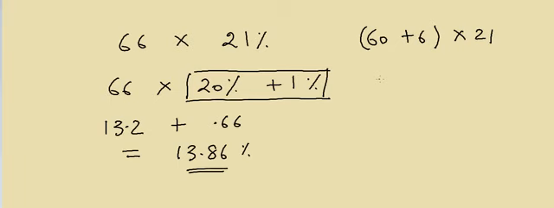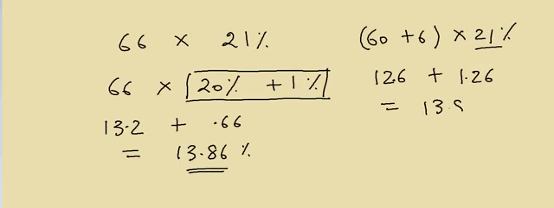In that case we can just say 60 into 21%, that is 2 into 1, 26, so this is 12.6, and this is 1.26. So we can add them together and that will be equal to 13.86. So this is only about how you are making the calculation easier, right?